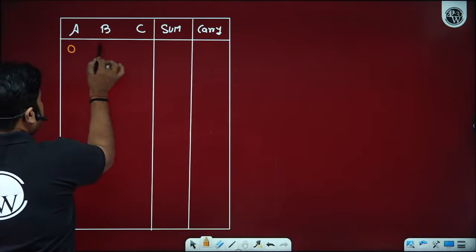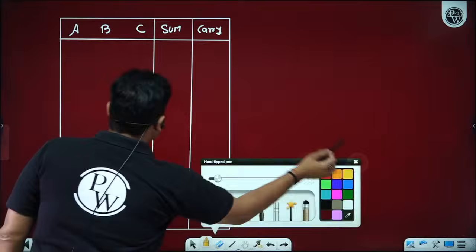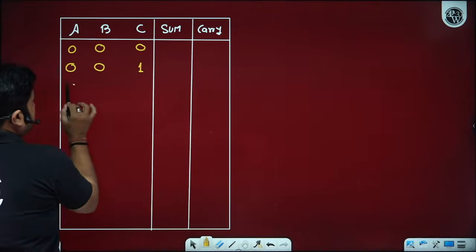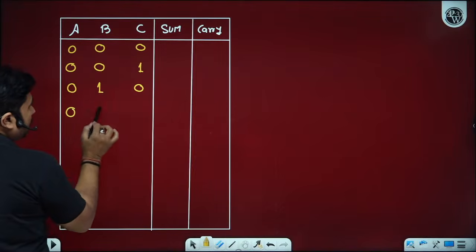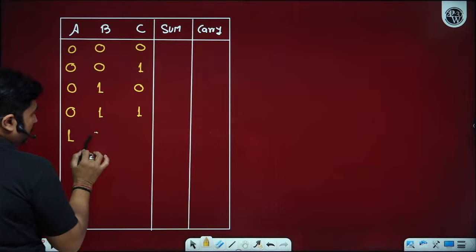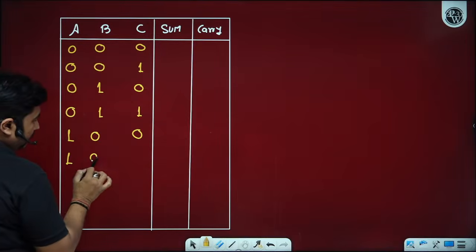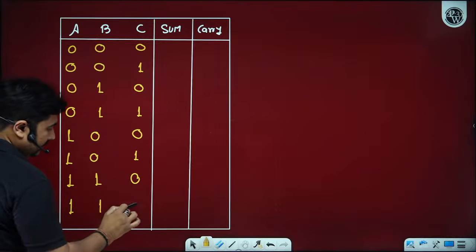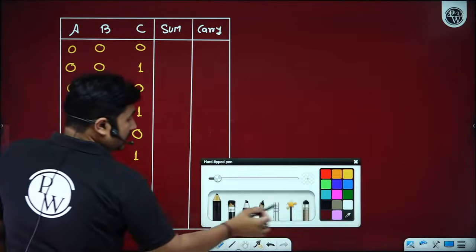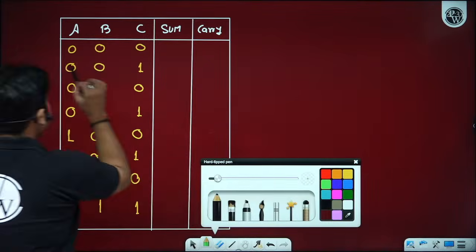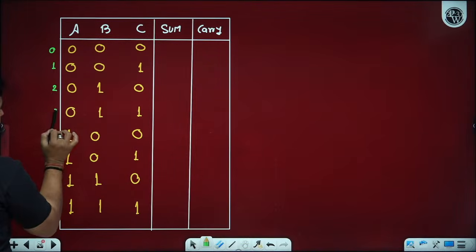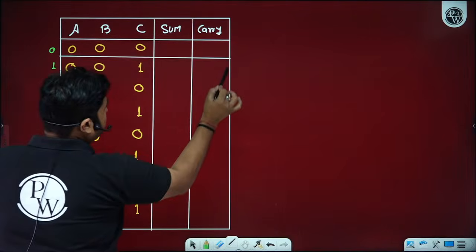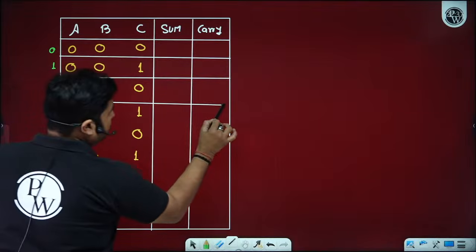So we have 0 0 0, binary of 0 to binary of 7: 0 0 0, 0 0 1, 0 1 0, 0 1 1, 1 0 0, 1 0 1, 1 1 0 which is 6, and 1 1 1 which is 7. It can be indicated with binary of 0, 1, 2, 3, 4, 5, 6, and 7. How many possibilities? Sir, total 8 possibilities.